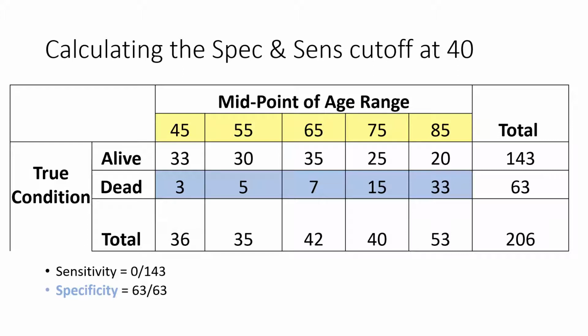Therefore, our total would be 0, and we divide this 0 by 143 to get the sensitivity. On the other hand, because our cutoff is 40, everything in the dead column becomes true, because this is our true condition in the case of specificity. So we divide the sum of our dead column, 3, 5, 7, 15, and 33, by the total 63 to get our specificity.